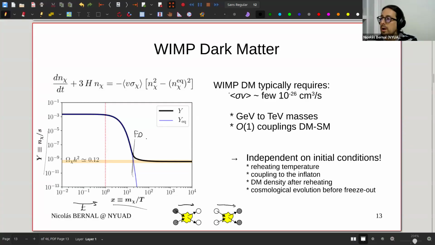The WIMP typically requires a cross-section at the picobarn level, on the electroweak scale. So a few 10 to the minus 26 cubic centimeters per second, that's around the picobarn. And couplings and masses again at the electroweak scale, so GeV to TeV masses, and couplings of order 1 to 10 to the minus 1, something like this. One important thing is that as this dark matter reaches equilibrium, this is independent of initial conditions.